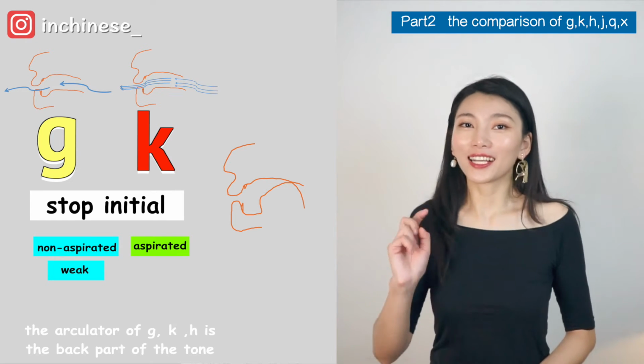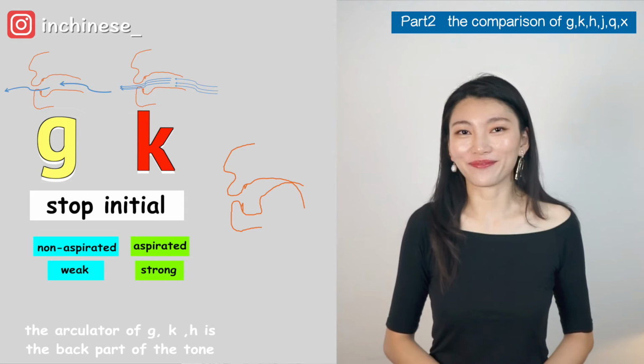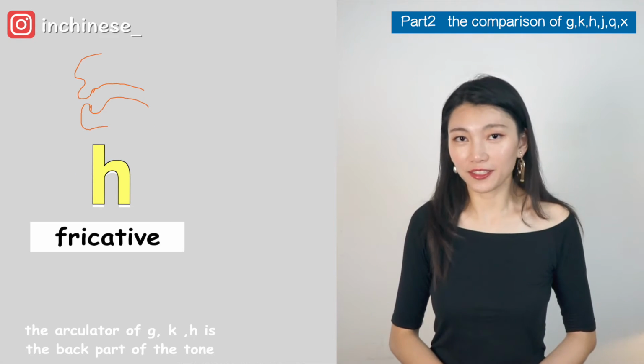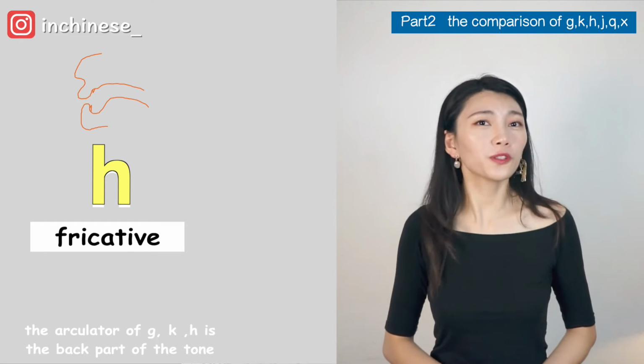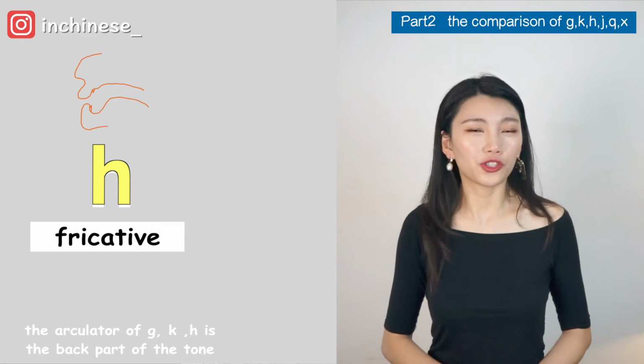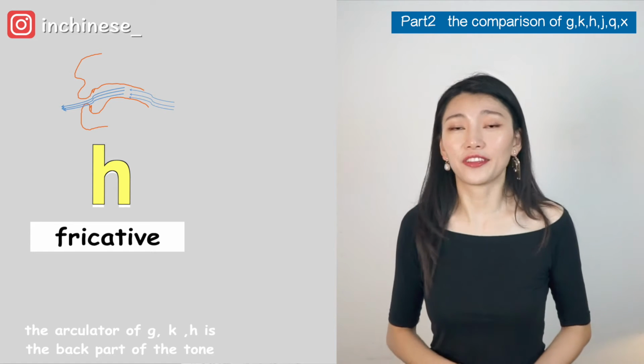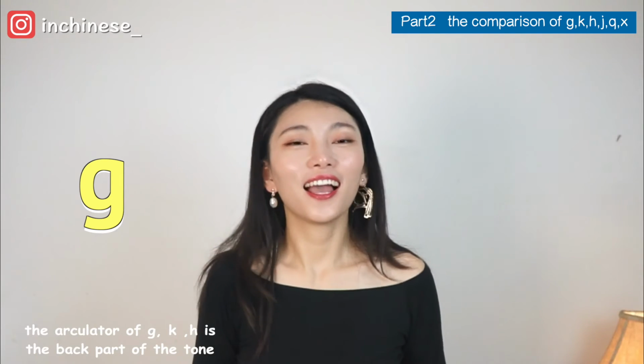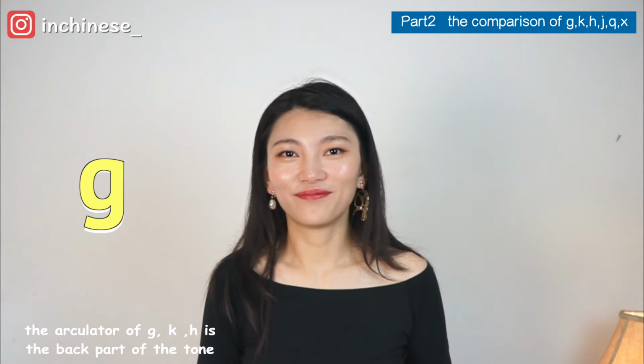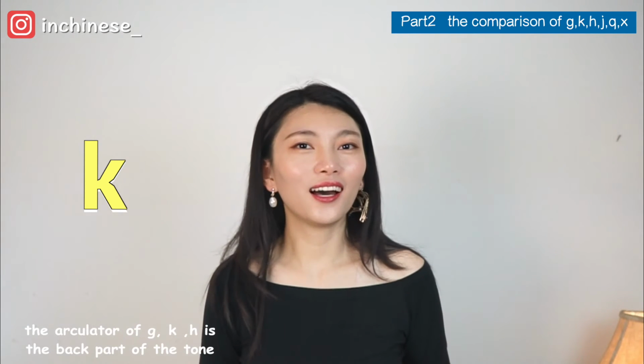But when you pronounce K, the air is stronger. And then we have H. H is a fricative sound. When you pronounce it, you don't need to block the air in your mouth. You just rub it and let the air out. G, K, H.